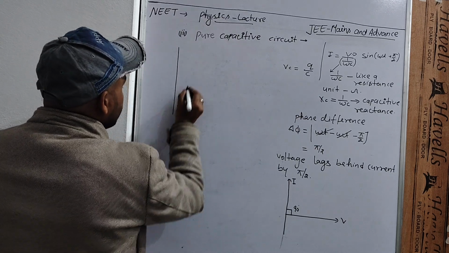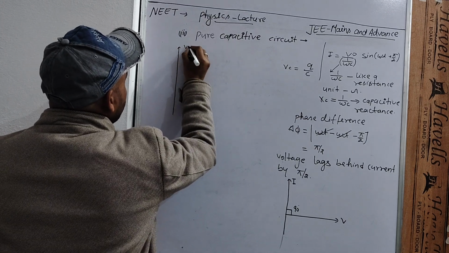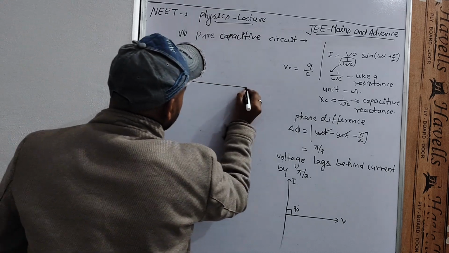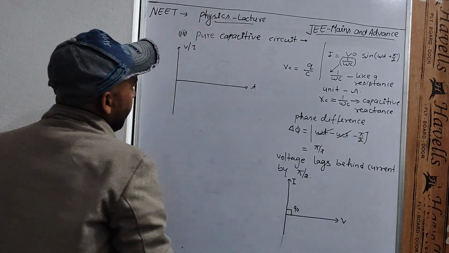Suppose this axis shows instantaneous value of voltage or current, and this axis shows time.